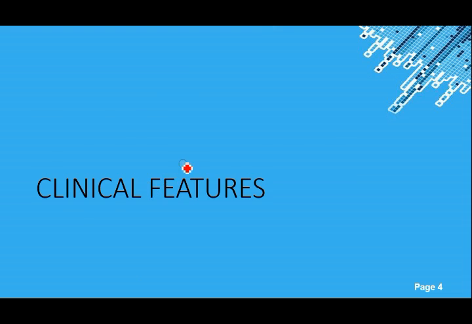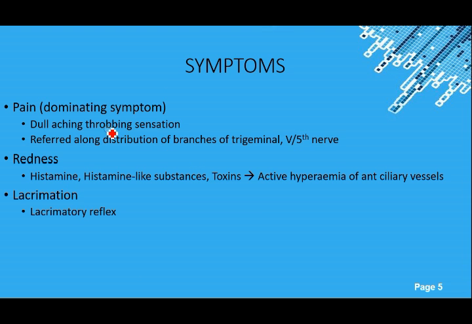So the clinical features, we talk about the symptoms first, where, as you can see, pain is the first and most important feature, then redness, and then lacrimation. How I see this, these are all signs of inflammation: your dolor, your calor, and I take lacrimation as your tumor.